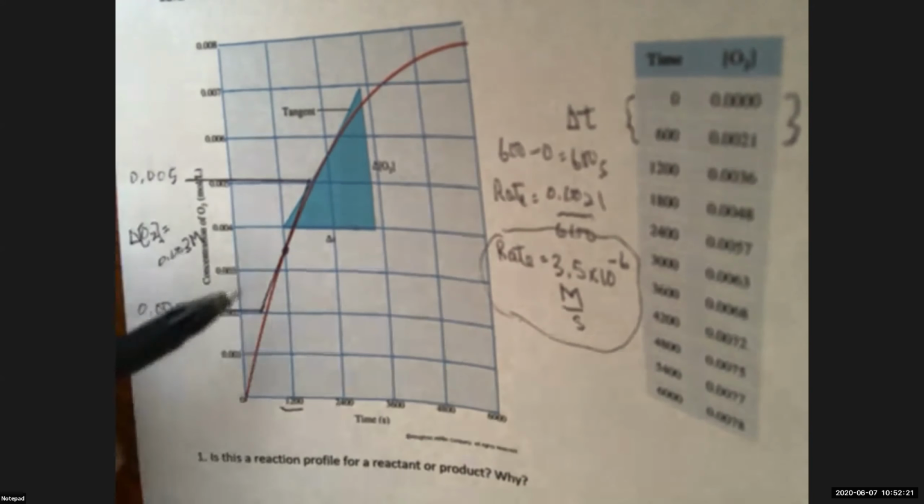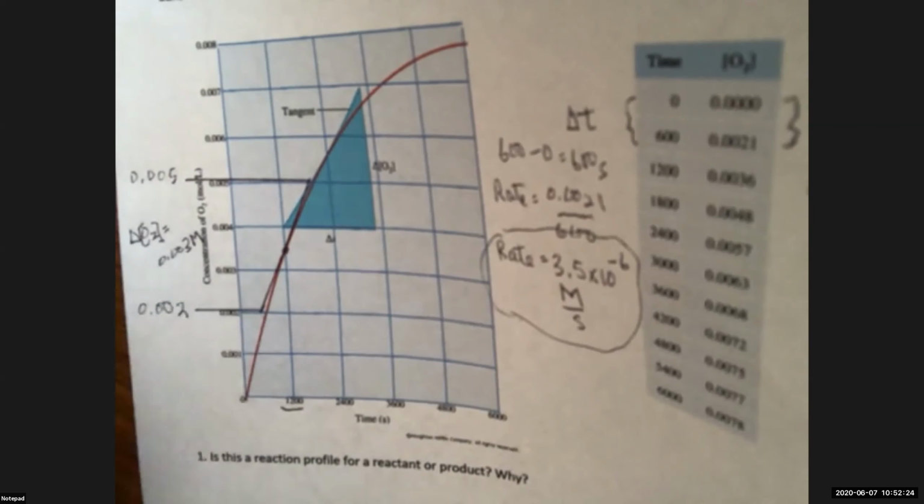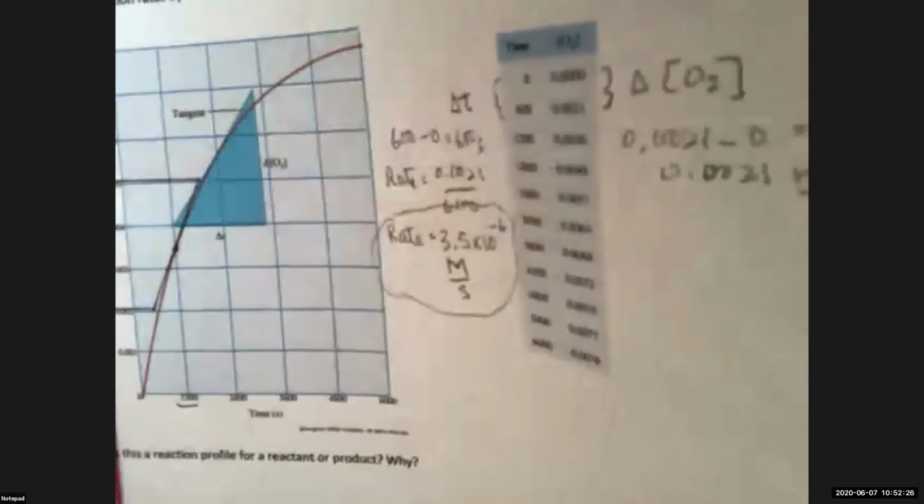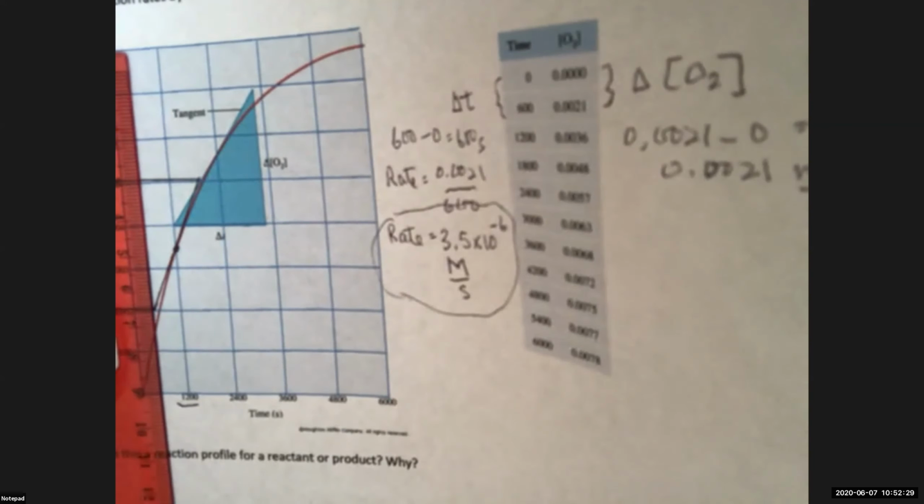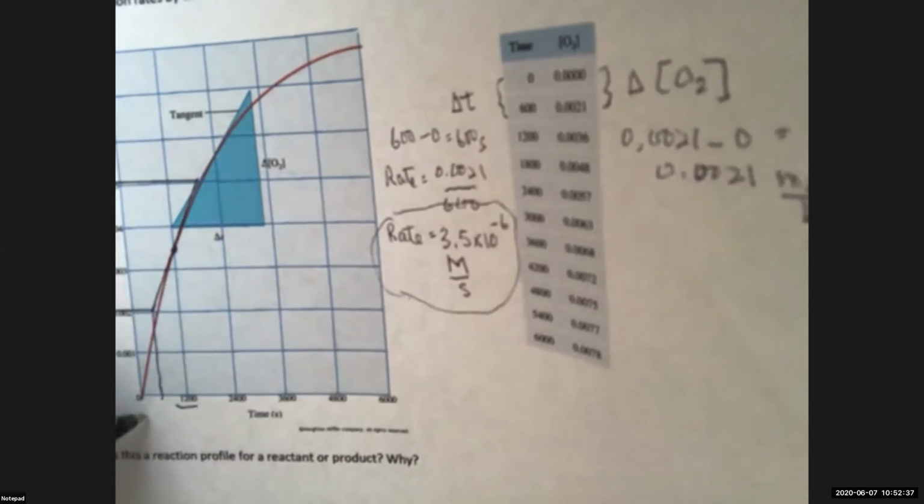All right. The change in time, I'll have to drop a line down here to get my initial time. So my initial time is going to be something like this right there. The initial time is about 600 seconds. And my final time is about right there, so I'll drop the vertical line down.